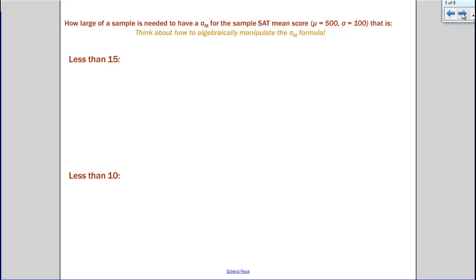But sometimes researchers can have a really large sample size, have a really small standard error, and then end up with a really large test statistic and then get significant results, even if there's a really, really small effect of their independent variable on their dependent variable. Because think about the standard error. The standard error is in the denominator of the z formula.